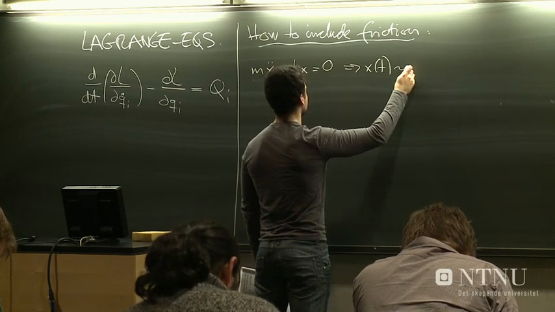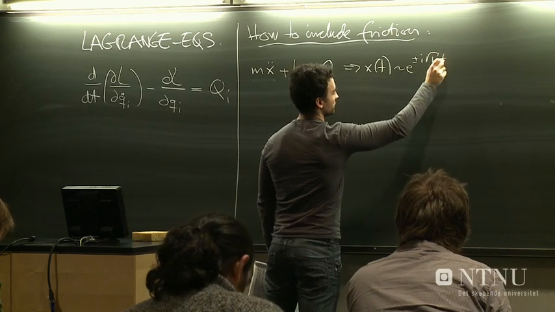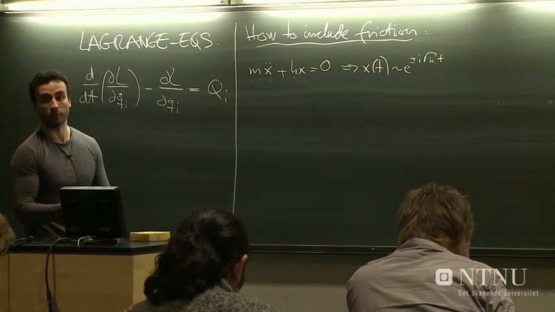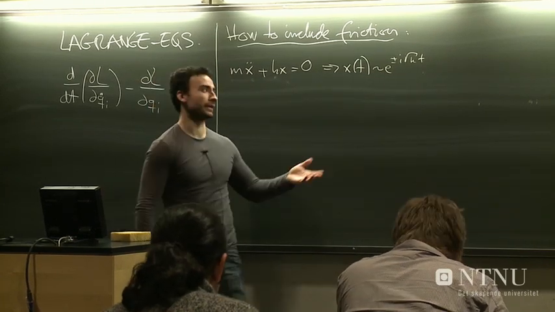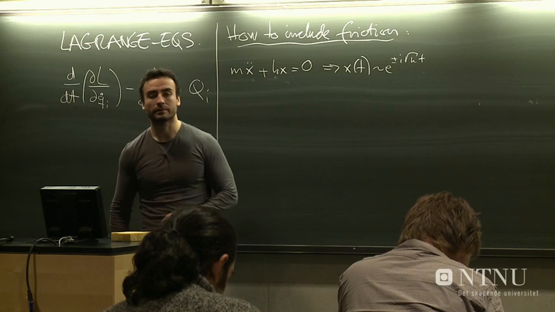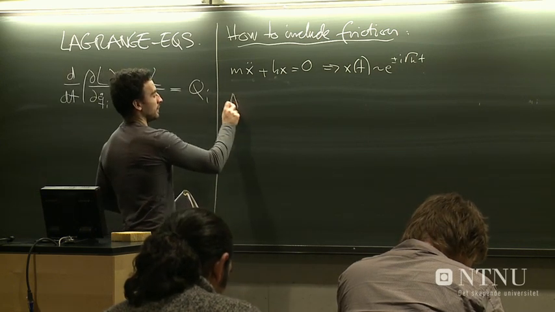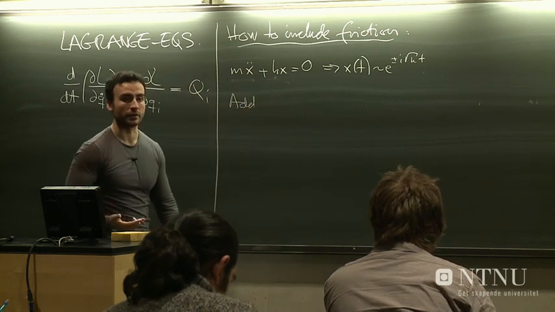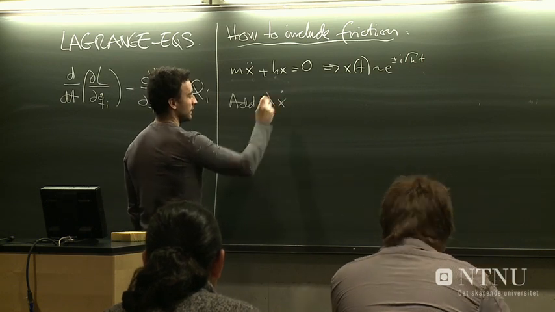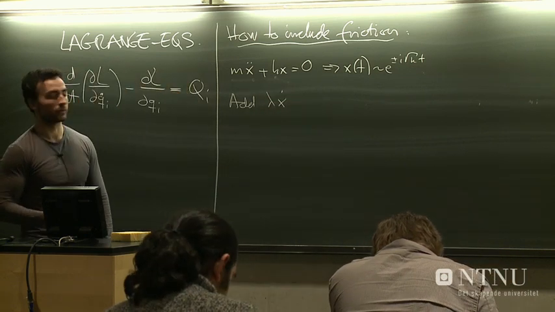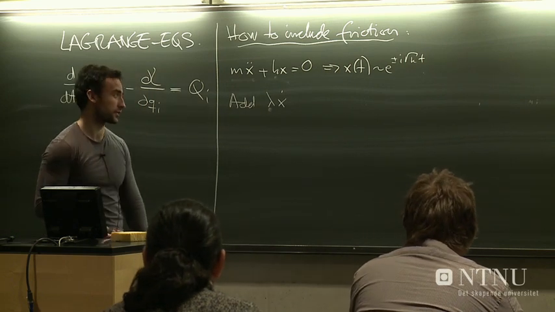It's typically something like this. The solution for x typically looks something like this. And then for the actual solution, you take the real part to get rid of the i, etc. This is the general solution. Now, to model friction or resistance of some sort, we could add a velocity-dependent term with a constant lambda here that provides the magnitude of the frictional force.